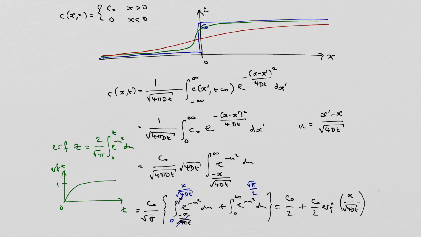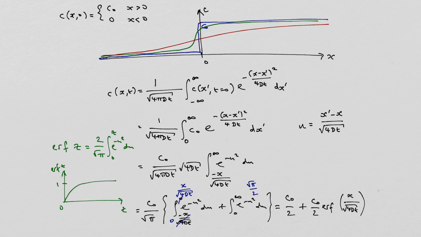Eventually, of course, as t tends to infinity, this is going to tend to error function of 0 again, and therefore you're just going to have a concentration of half C0 everywhere. So eventually it just wants to make the concentration uniform. Now, by now you should have noticed that this quantity occurs a lot of the time.